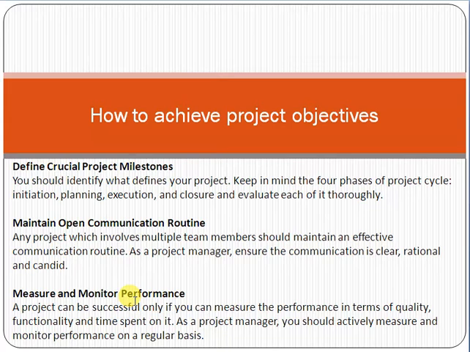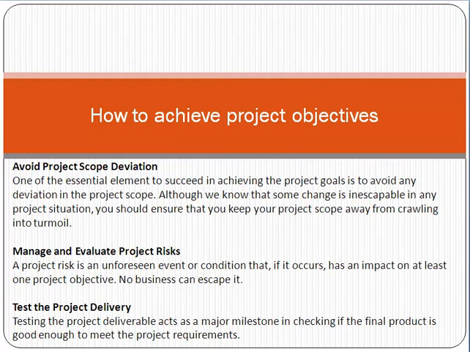You should be able to monitor and control or track the progress. You can also use some sort of software like Jira, Microsoft Project Plans, etc. Nowadays many software tools are available. You can use those to track the progress or performance of your project team.